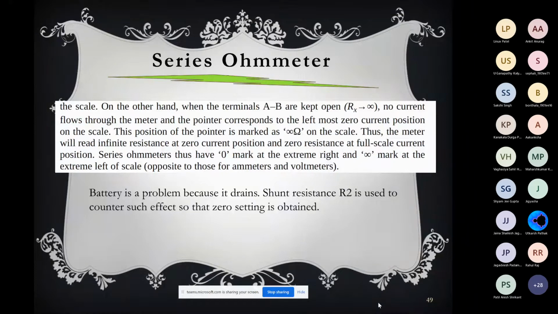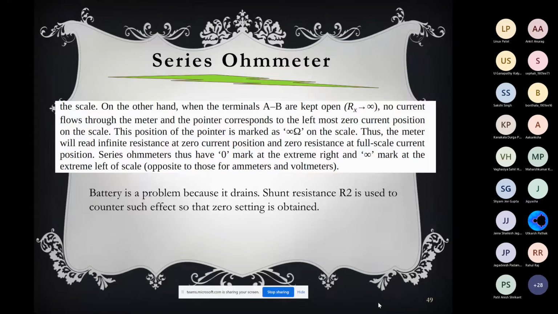So we marked the 0 at the extreme right and the infinity at the extreme left. This is contrary to the convention we use for the standard ammeter and voltmeter, where the 0 comes on the left hand side and increasing values come on the right hand side. It is just the opposite. You have to take care of this in your mind.